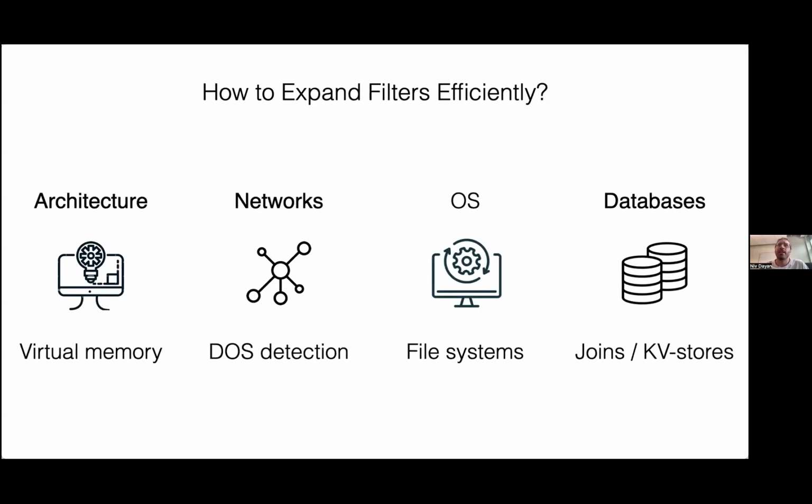This problem has many applications in all areas of systems, in architecture, networks, and OS, and specifically in databases. The need to expand a filter can arise when computing joins or in key value stores, where we have filters to prevent storage accesses and we don't know how much data is going to grow.